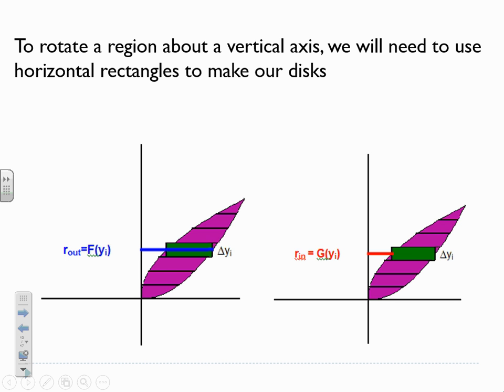We will eventually learn a second method for volumes of revolution, so like next week we'll get to make the decision whether it's going to be easier to do in terms of x or y. But as far as the disc washer method, when we rotate about a horizontal axis, we've been doing it with respect to x. Around a vertical axis, we're going to do it with respect to y because of our rectangle.